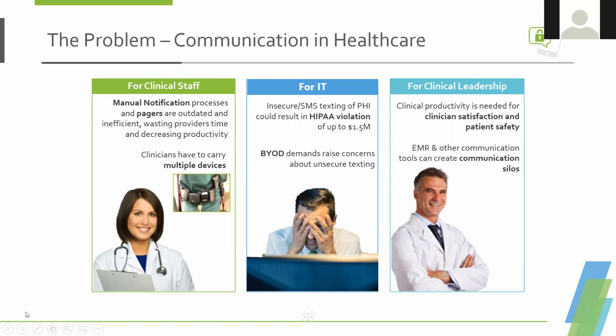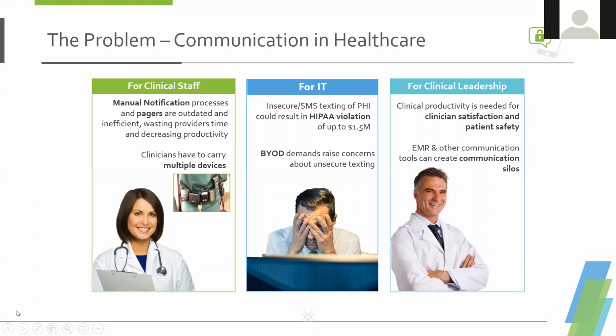For the IT folks, this is important because there could be violations if people are texting from their phones rather than texting through the Cortext solution. So it's real important that you use this new application that we're providing to you. For leadership, not only do we want to make sure that patient information is secure, but we want to make sure that everyone is happy with the solution.